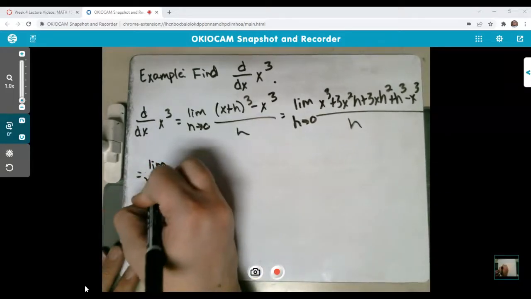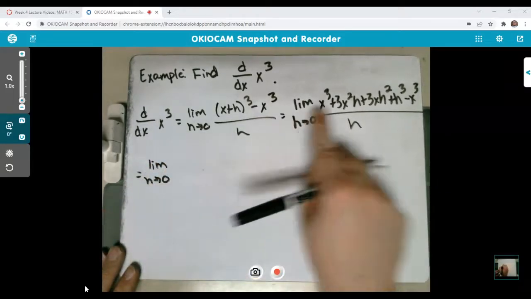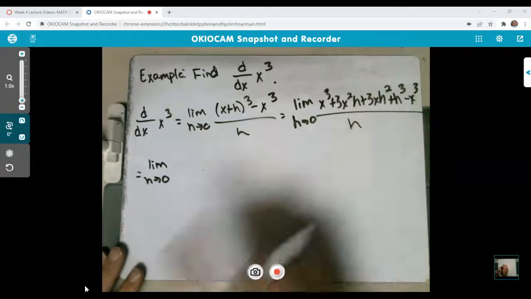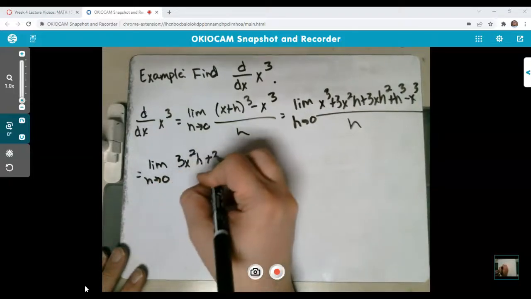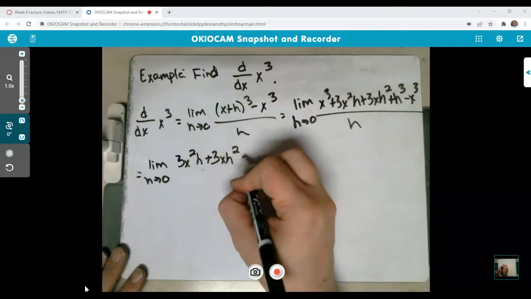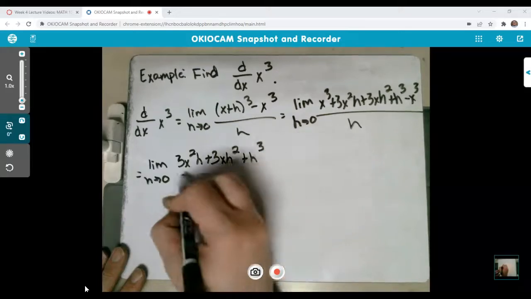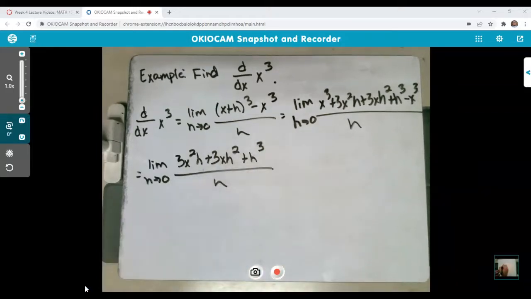Simplify this as much as I can. Notice I have x cubed minus x cubed, so those are out of there, which leaves us with 3x squared h plus 3xh squared plus h cubed all over h.